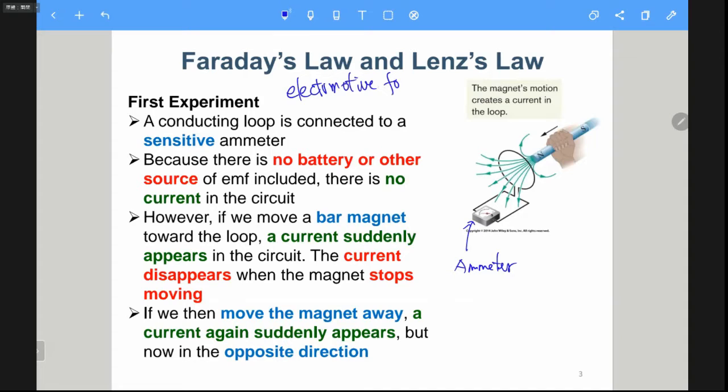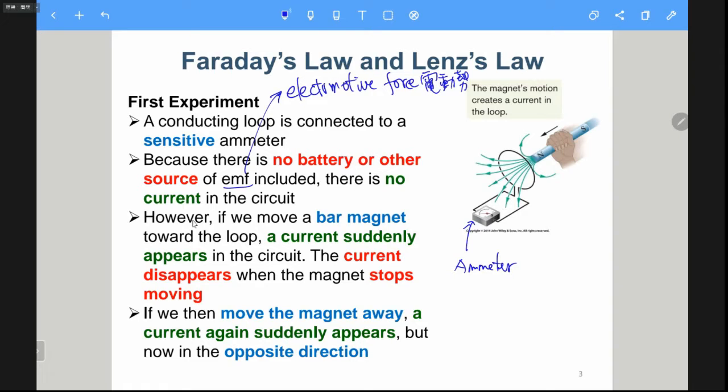In Chinese, it is called 电动势. You can somehow regard it as a battery. A voltage difference is somehow like an electromotive force. So there is no current in the circuit. There's no battery here, so there is no current.